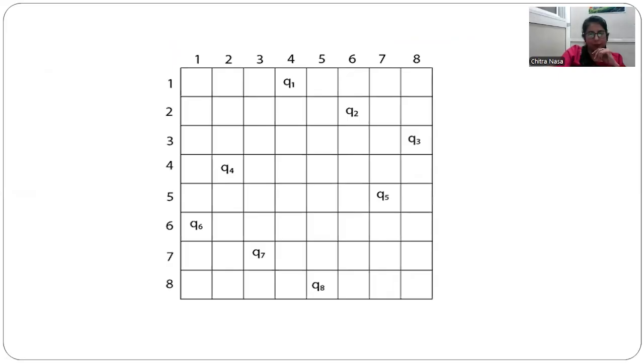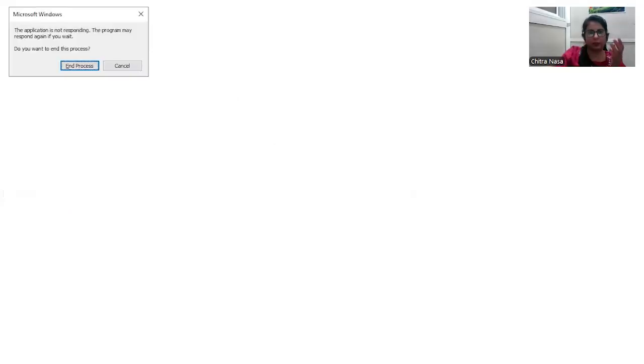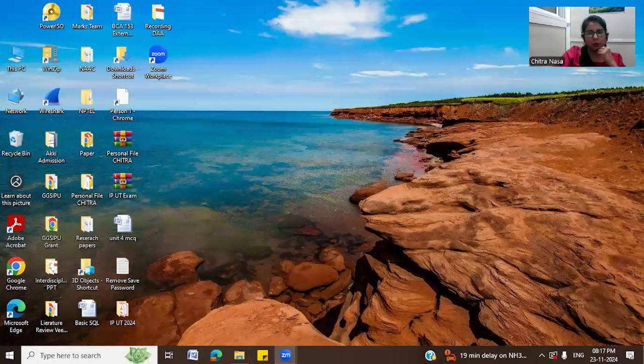Now, the queen problem, it can come in your exam to write the algorithm also. We have two algorithms here, the place algorithm and the n-queen algorithm.